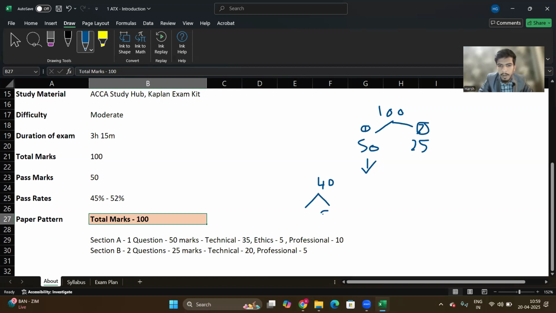you have compulsorily 5 marks for ethics, right? You may have done ethics beforehand in other examinations, but we are going to cover it from scratch again.